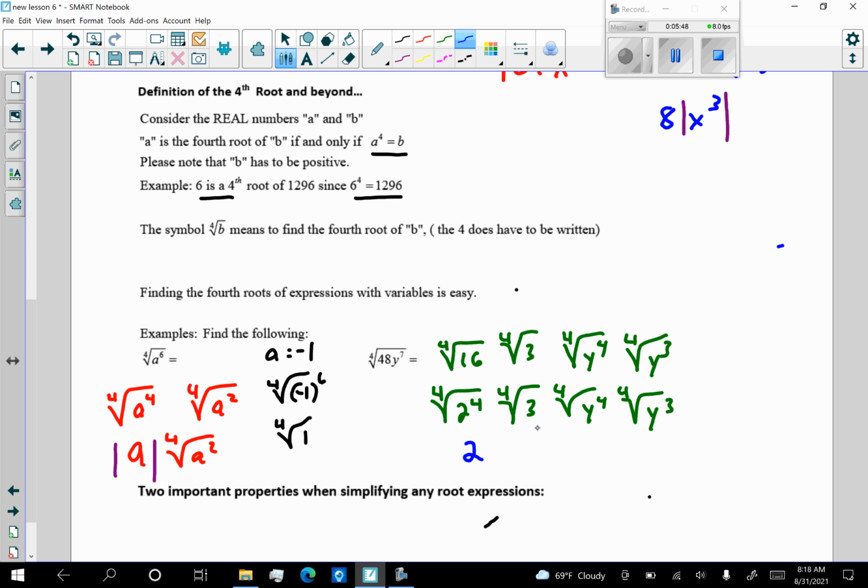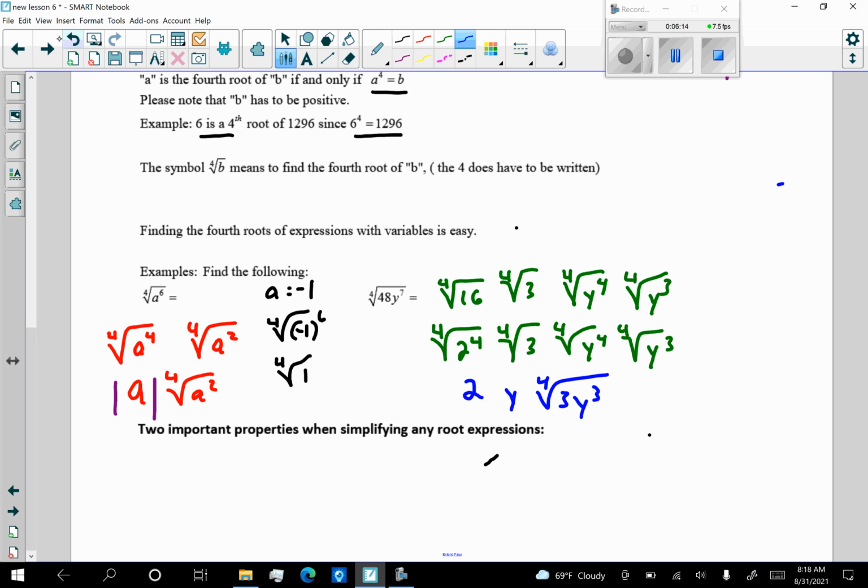This stays there. What raised to the fourth power is y to the fourth? Y. And we're going to assume that y is positive. So I'm going to pull this y out. And I still have the fourth root of 3y cubed. And so that would be that simplified: 2y times the fourth root of 3y cubed.